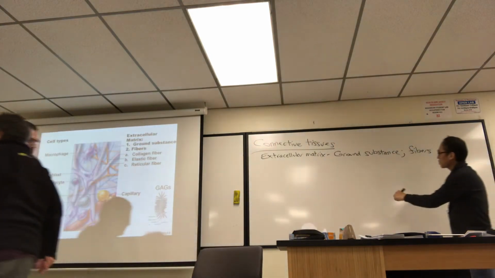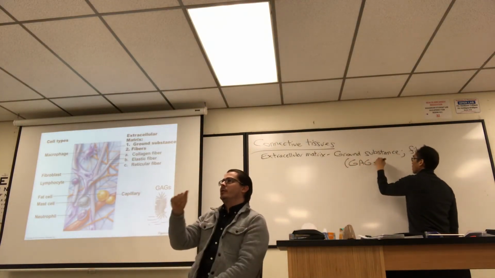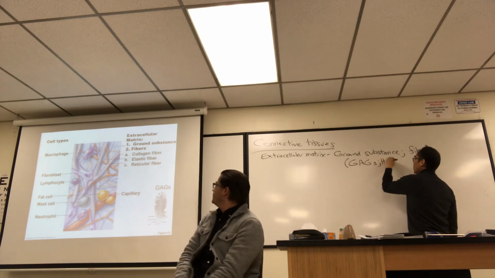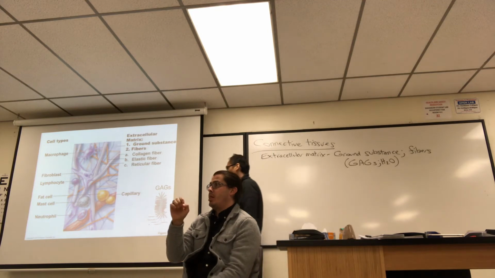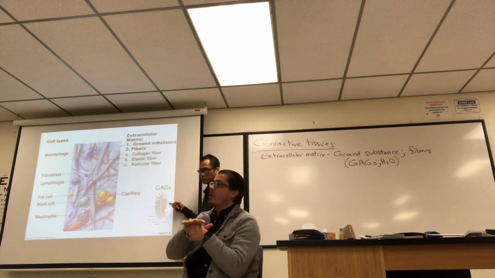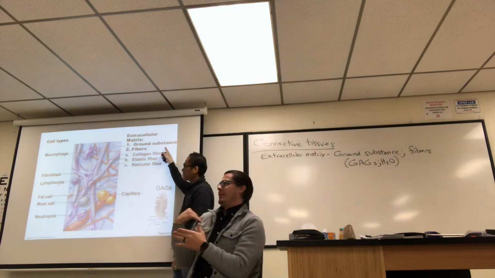I have that term there called GAGs and water. GAGs are like these bottle brush proteins. They create osmotic pressure to help suck fluids into the tissue. Okay, so I'll put that there to remind myself it's part of the ground substance.